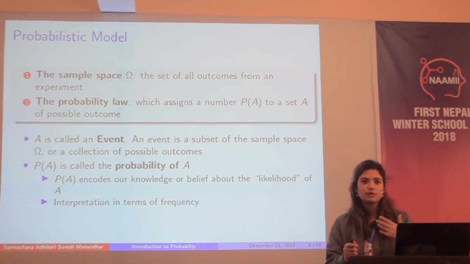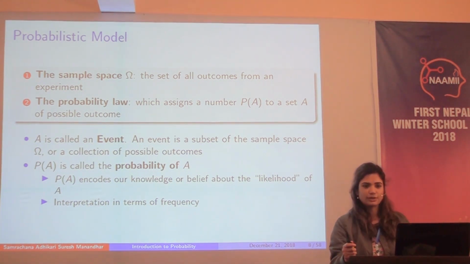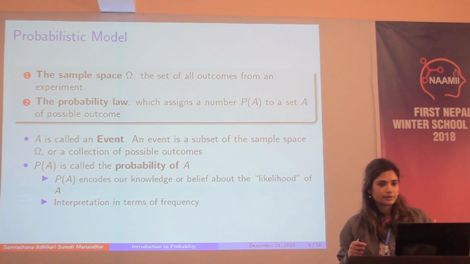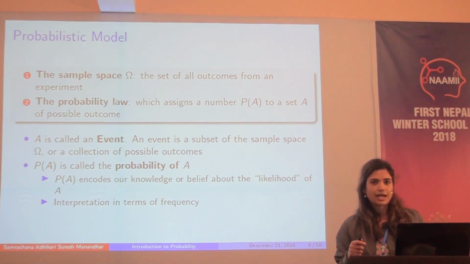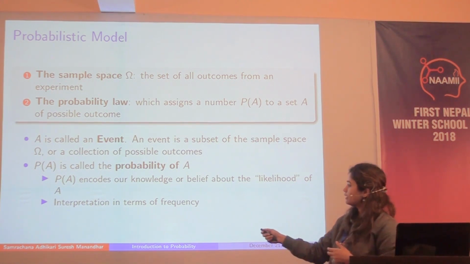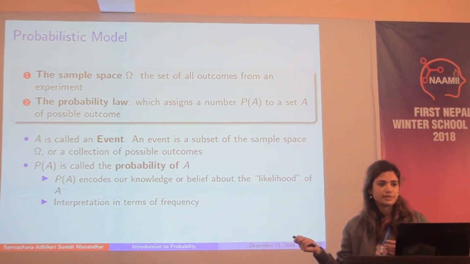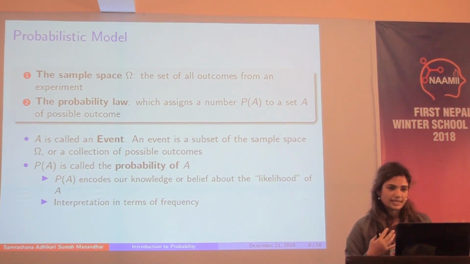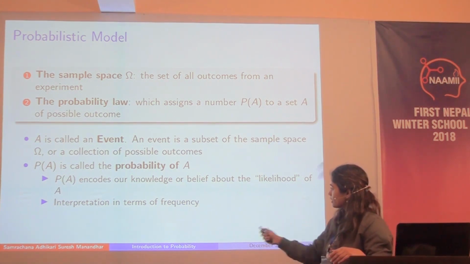If I already knew what is likely to happen, then my probability for that event can be encoded using that belief. So that is less concrete than frequency because now we're talking about what we know and what we think should be in the probability function.